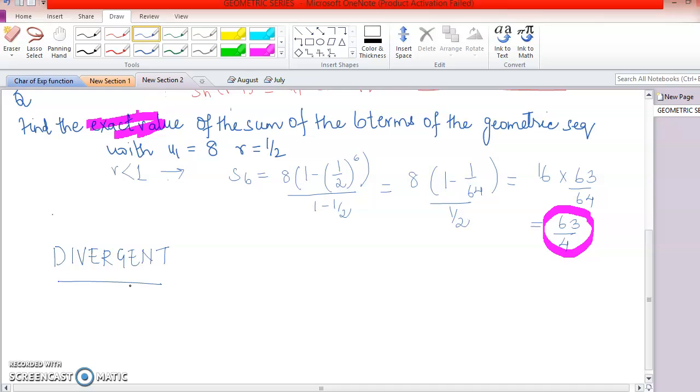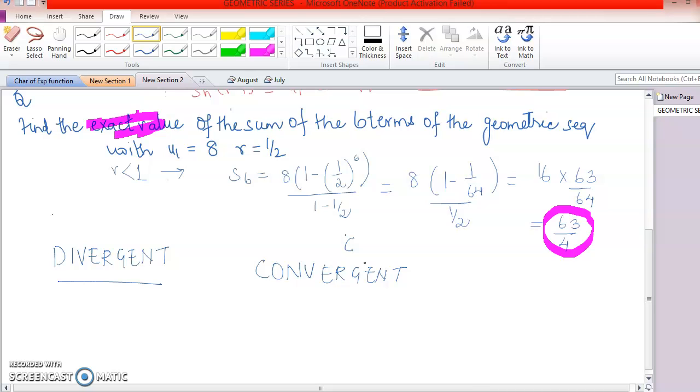They will not continue to increase the sum. However, they come closer and closer to a certain value as their total. When this happens, we say that these geometric series are convergent series. Their sum is converging to a particular value, and therefore they are called convergent series.